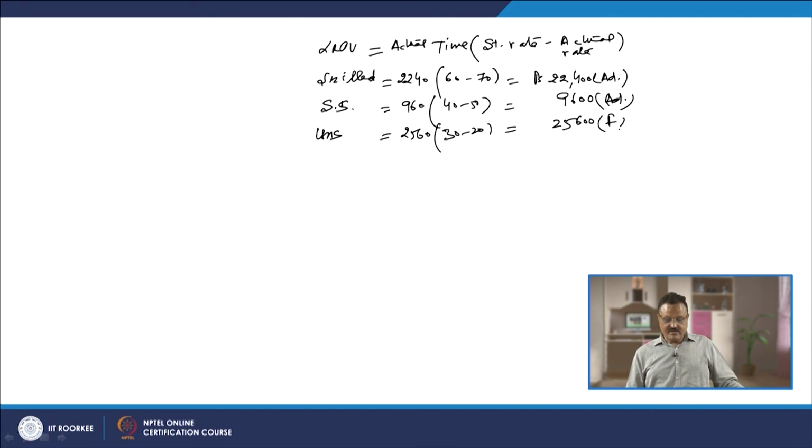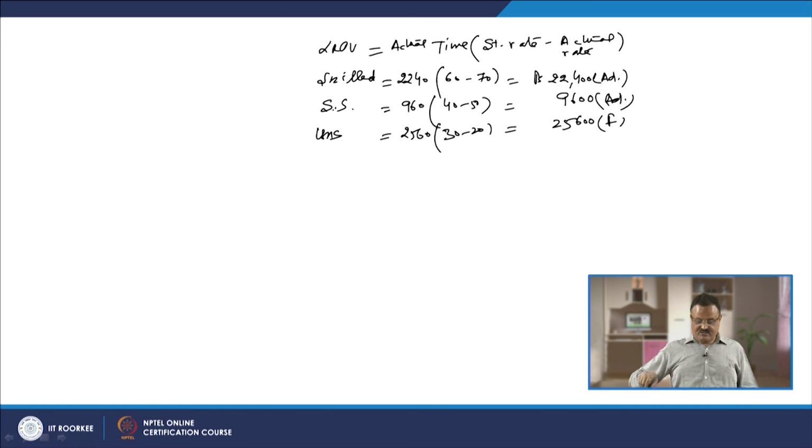So we have calculated these labor rate of pay variances: for the skilled, 22,400 adverse. For the semi-skilled, 9,600 adverse because the actual rate is more than the standard rate. And in the case of the unskilled, the actual rate paid is less by 10 rupees as against the standard and the number of weeks is also quite large, so this variance has become favorable.